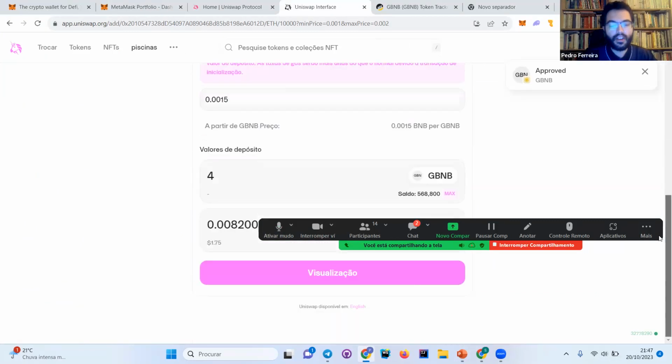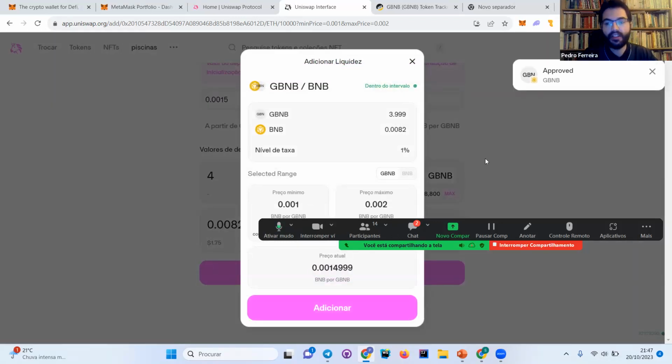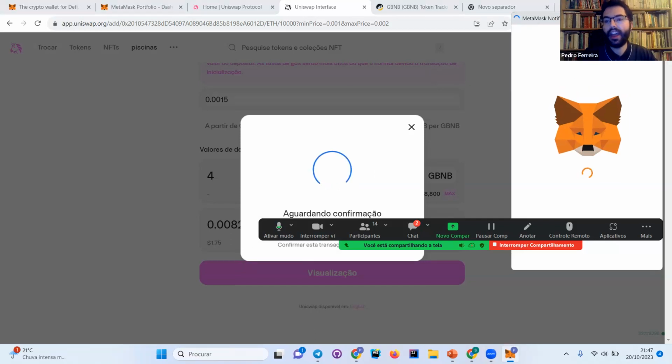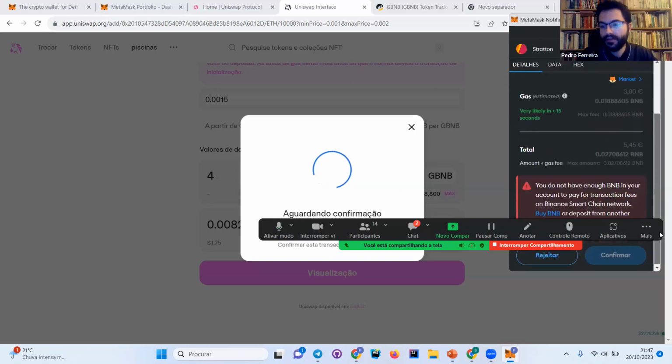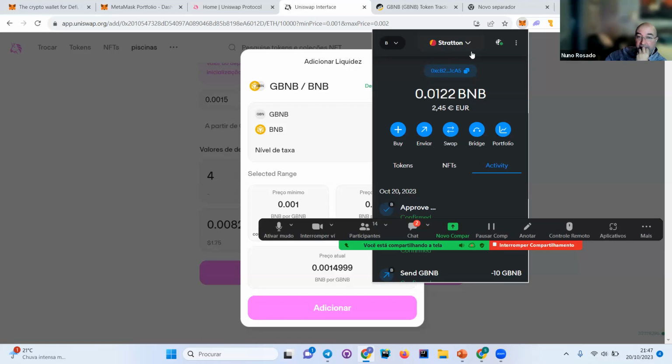So here we placed 4 GBNBs as liquidity, and we are going to click this to add liquidity. It says that I do not have enough. Bear in mind that we don't have BNB on this account unless you start paying for it.